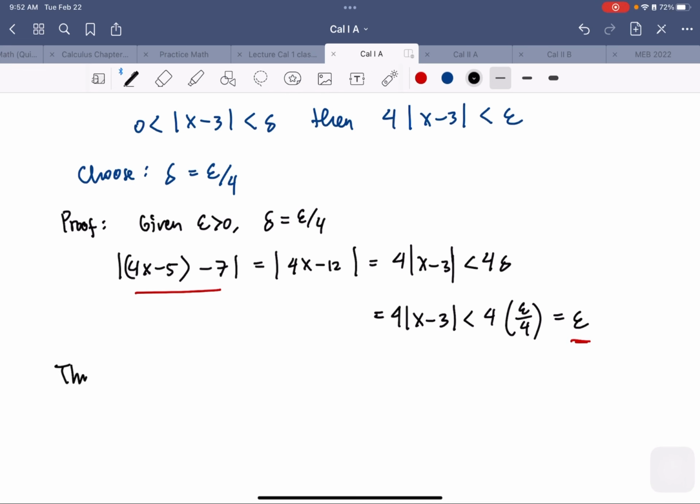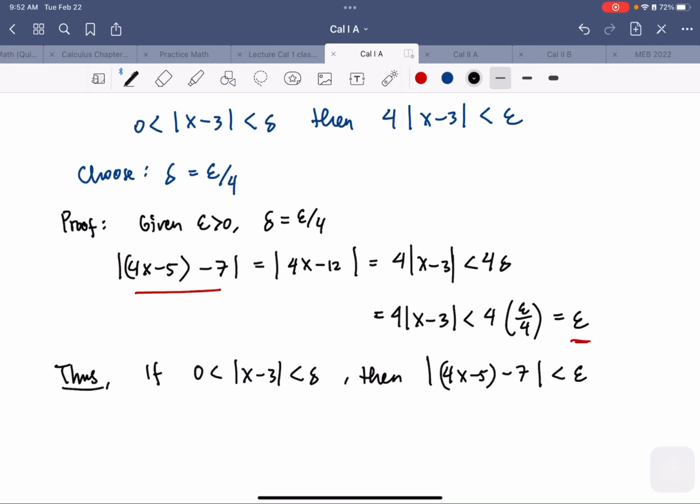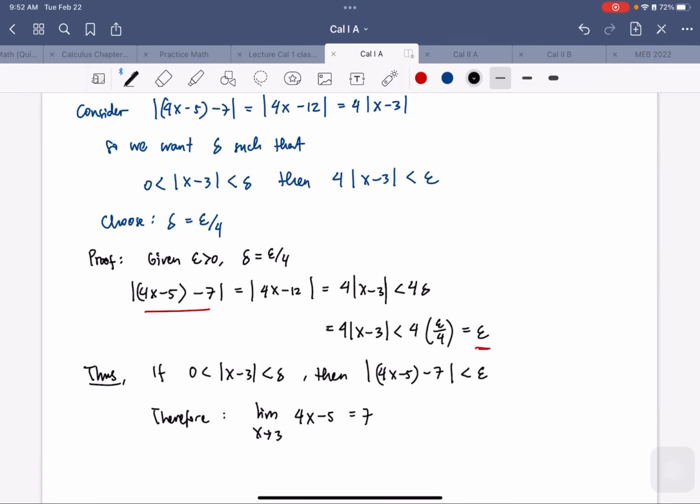So thus, finally, if the distance is less than delta, then therefore, by the definition of limit, we have the limit.